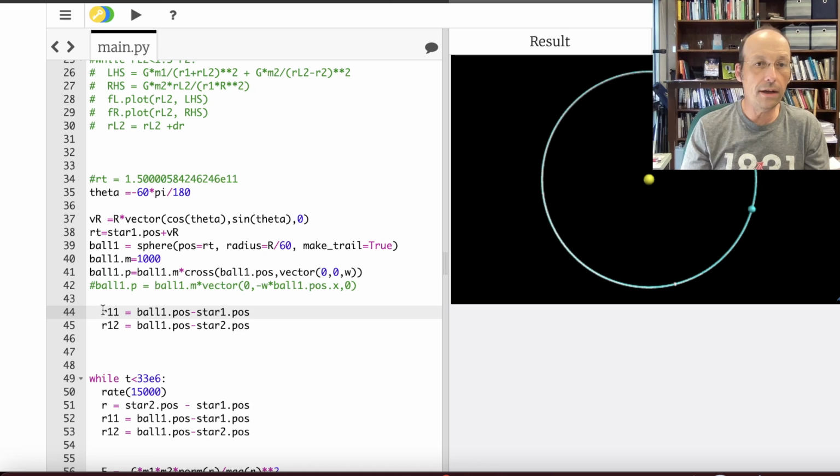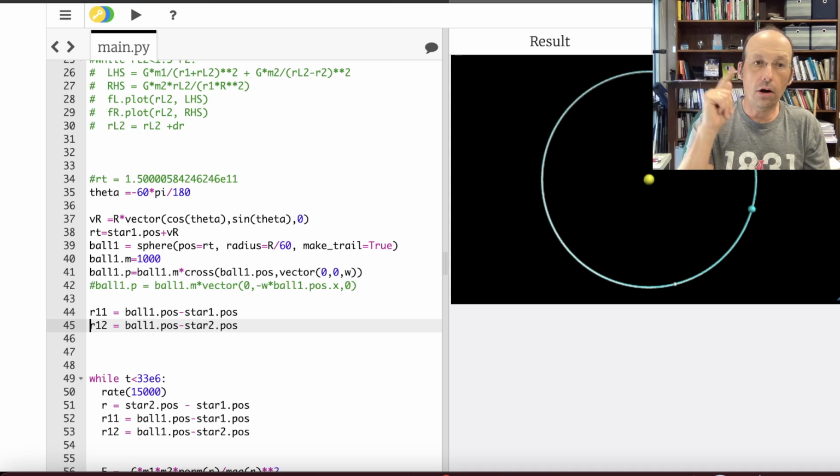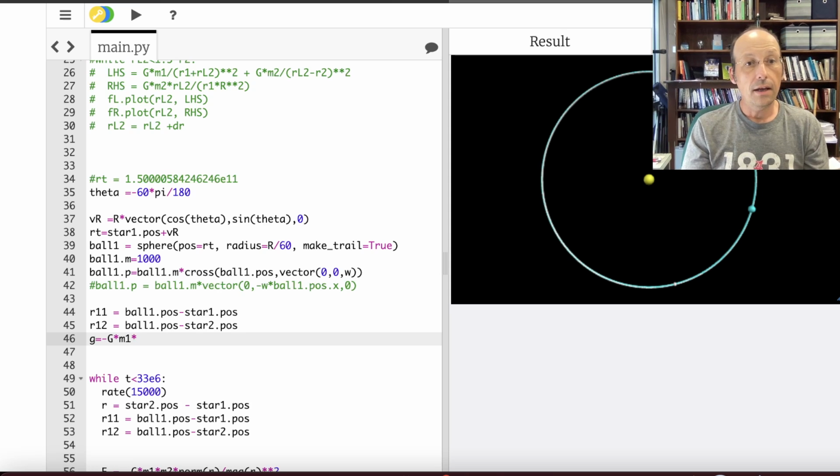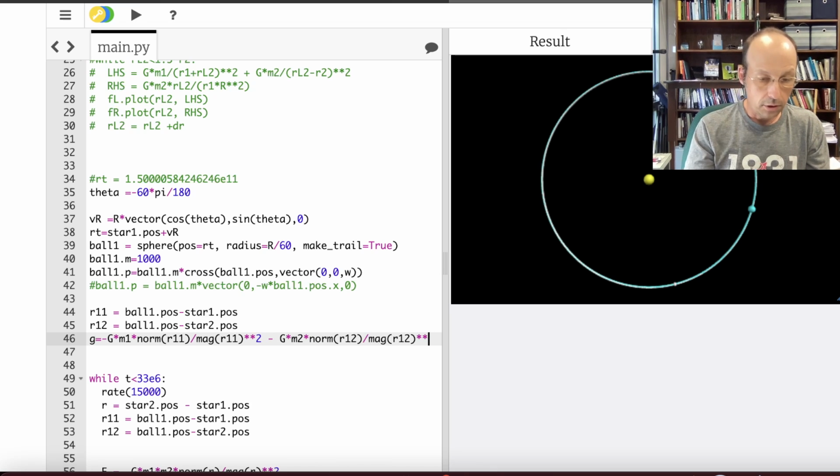Okay, so R11 is the vector from star 1 to the ball. R12 is from star 2 to the ball. So now I can say G equals negative G times M1 times norm R11 divided by mag R11 squared, plus minus G times M2 times norm R12 divided by mag R12 squared.